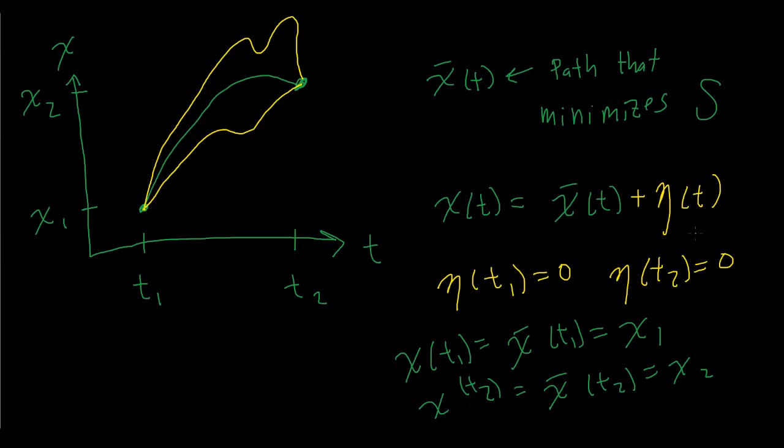All right? Now, here's the next thing you have to realize. Every path can also be written as x bar of t plus some constant epsilon times eta of t.